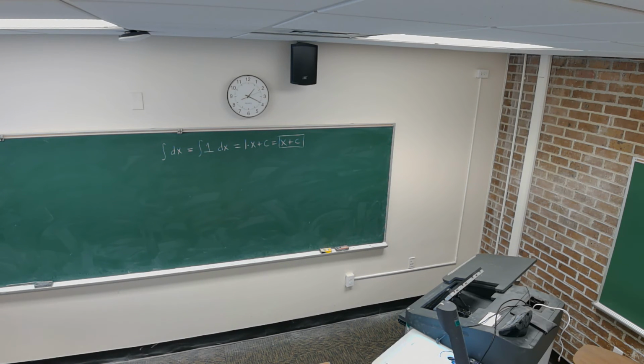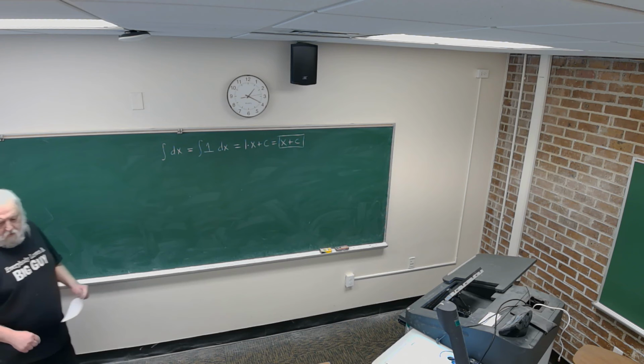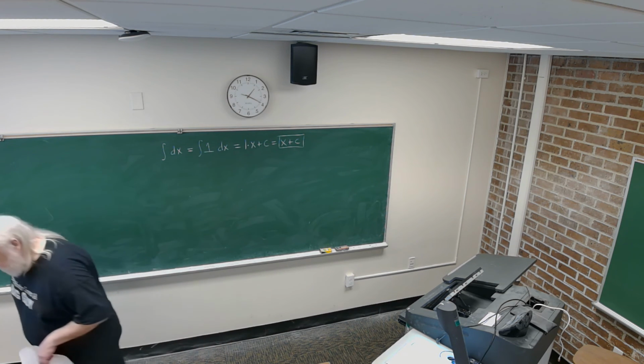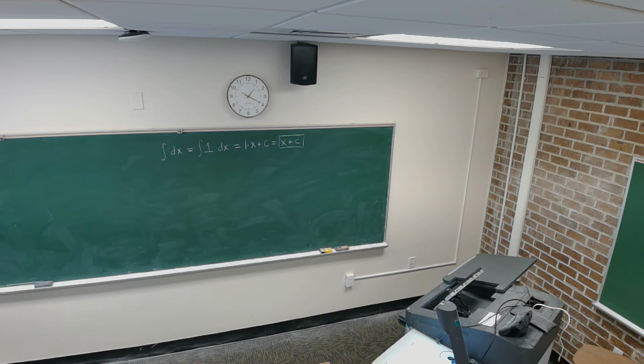Yes, ma'am. I missed it when you said this. That 1 right there is just coming from in front of the x to the n plus 1. So we have the quotient x to the n plus 1 over n plus 1. And this can be written as a product of two quotients.